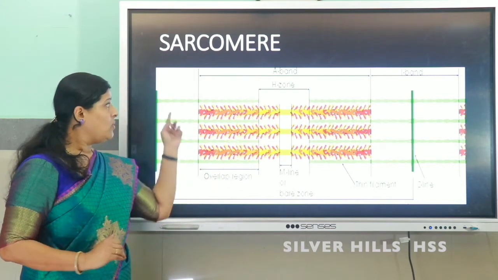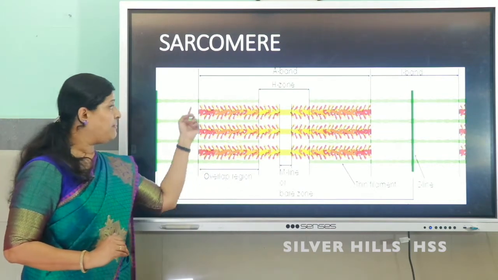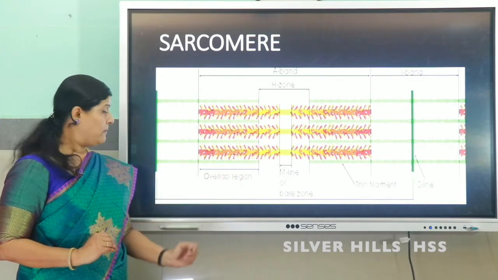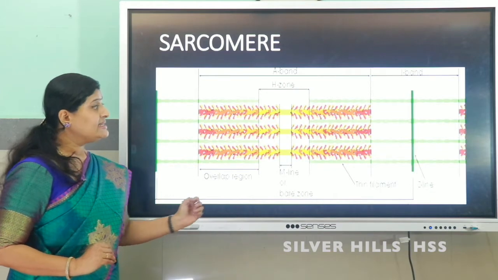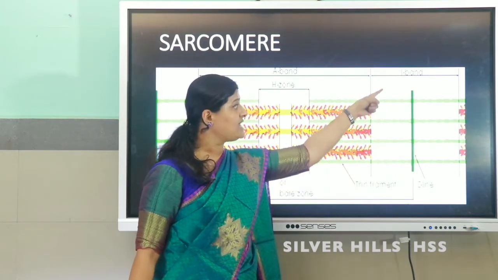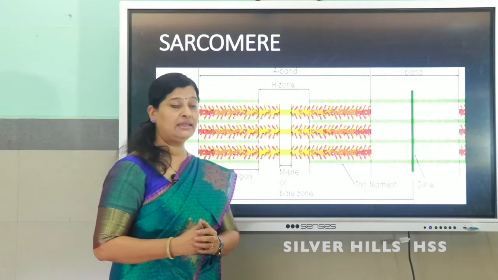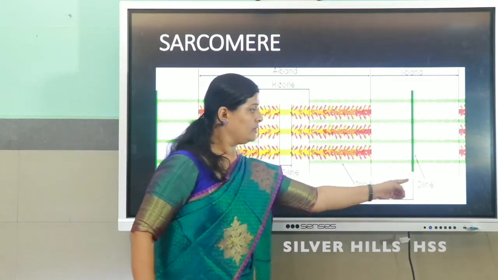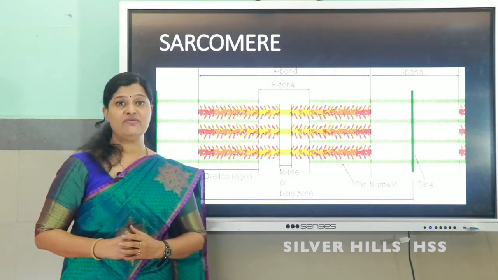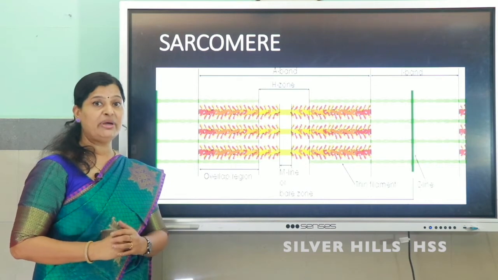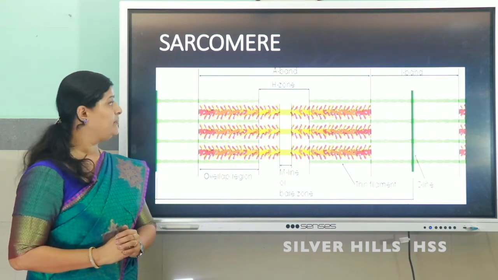Now let's take once again the I band which is made up of actin protein, the green color bands. In the center of this I band you can see an elastic fiber, which is called the Z line.